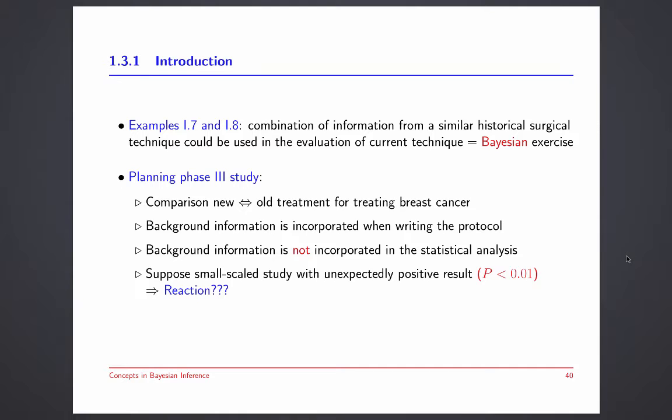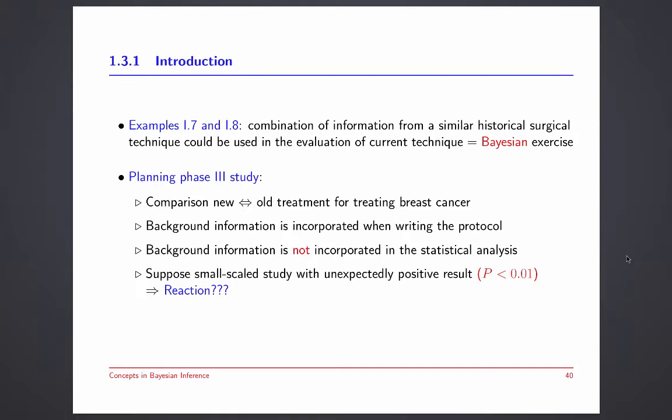Let's think about another example. When planning a phase 3 study, comparing a new treatment with an old treatment for breast cancer, background information is always incorporated in the protocol because typically a lot of background information is available. When it comes to analyzing the data, this background information is no longer incorporated in the statistical analysis.